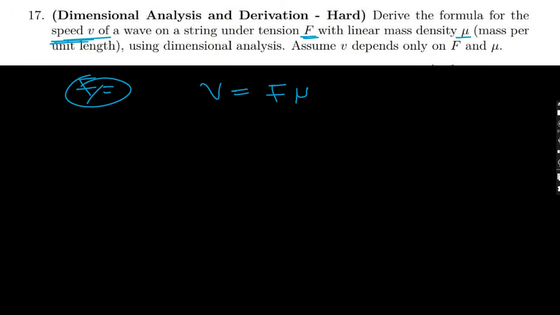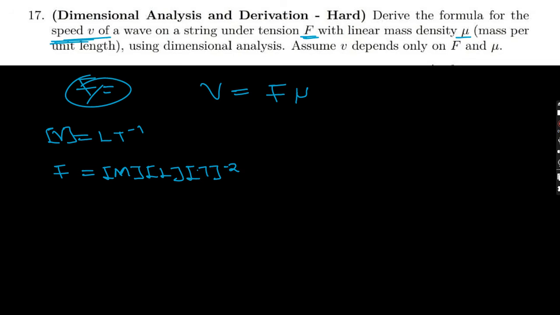Now I want you to remember that the dimensions for velocity are L T to the power -1, and the dimensions of force is mass times acceleration. That's why I like memorizing. So mass is M, then acceleration is L T to the power -2.